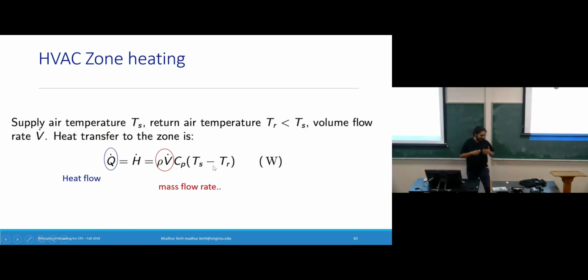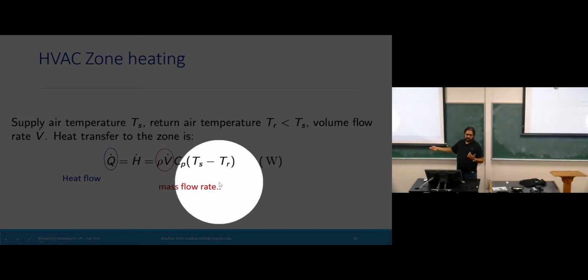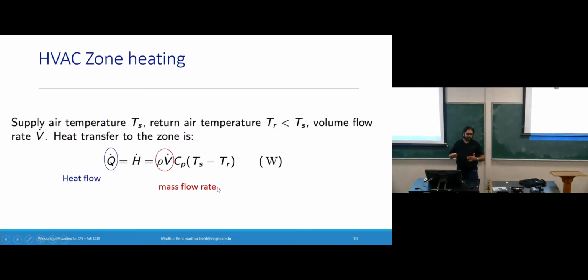Okay, so if you are sending in cool air and the return air has a high temperature, then this becomes negative. Supply minus return will be a negative quantity. So essentially it means you are cooling. And that's why we can interpret that as heat flowing from the system rather than into the system. So anyways, that's just a side note.